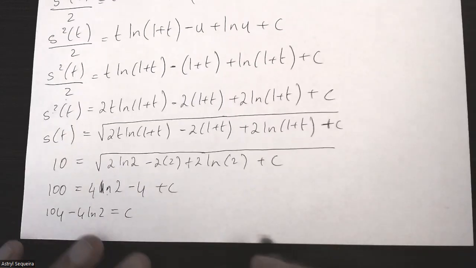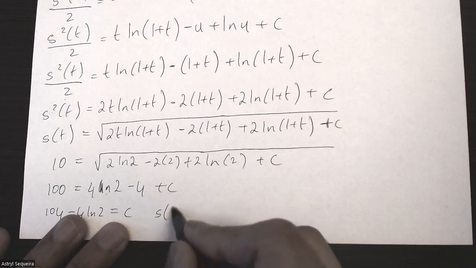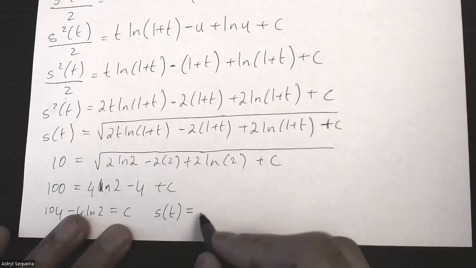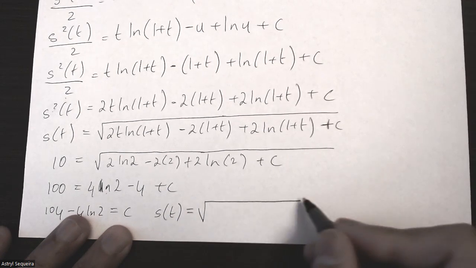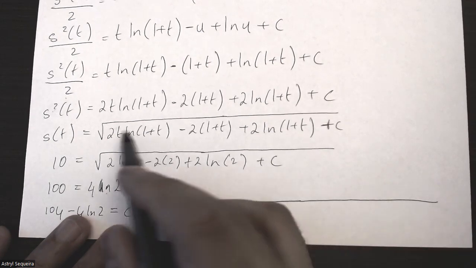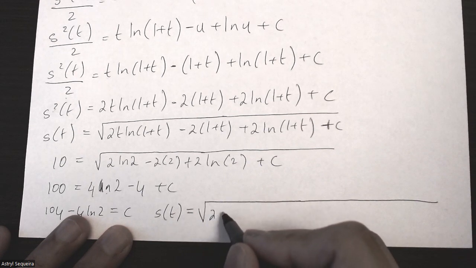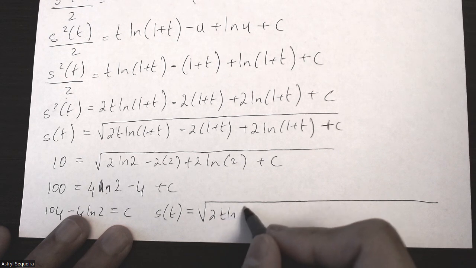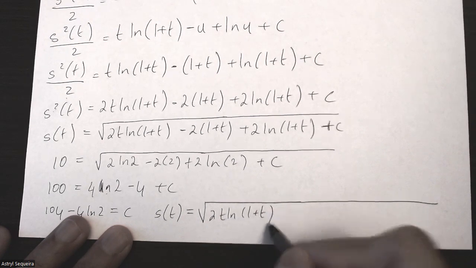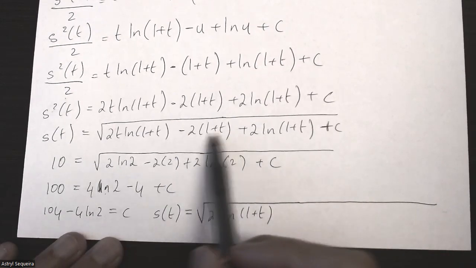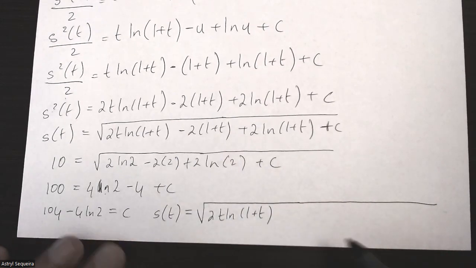So now I can write my final answer for my equation of s of t. s of t just equals the square root of this whole thing, and I'm going to replace the c then. So 2t ln(1 plus t). You know what? I'm going to expand this out now because I can combine this number with this one over here.